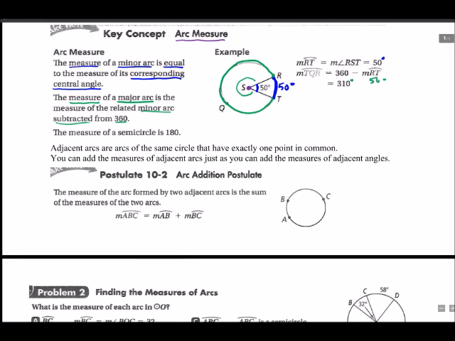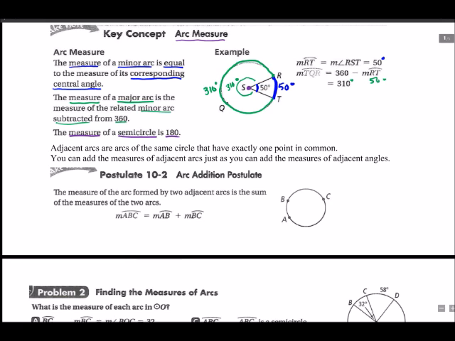So this is 310 degrees around our circle. So this arc measures 310 degrees. And the measure of a semicircle, you guessed it, 180 degrees. It forms a straight angle.